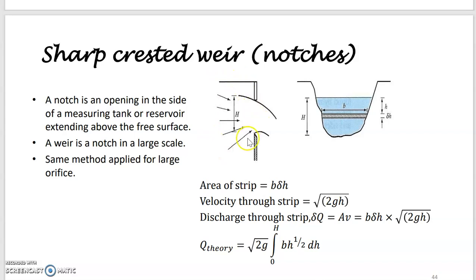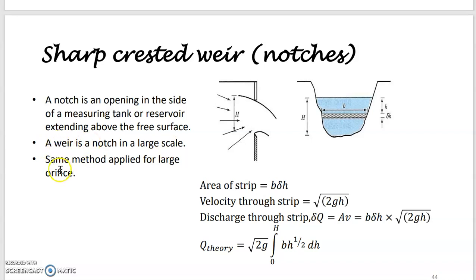We have the opening, and this is the wall of the weir. The discharge may flow out from this opening to the atmosphere. This is called the notch, or on a large scale we can consider a weir as a notch.